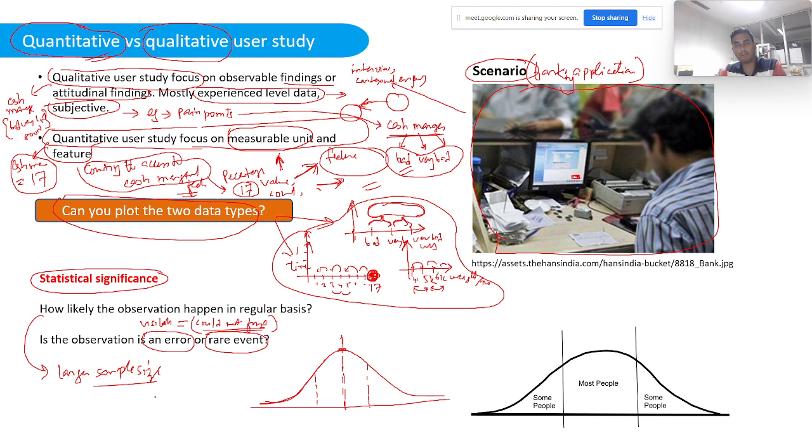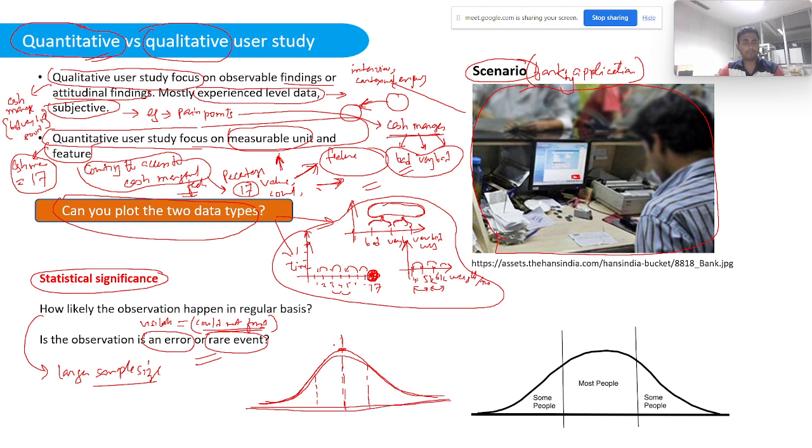Whether we talk about a qualitative user study, whether we go for interviews, or contextual inquiry, or some survey information, we need to increase our sample size in order to understand the frequency of this particular error. So a normal distribution curve defines the frequency of occurrence of a particular event.